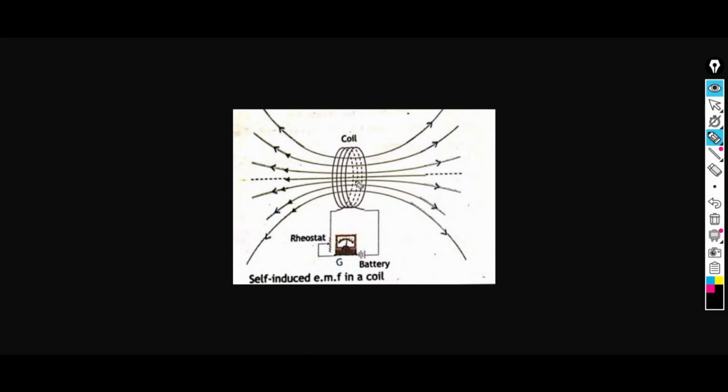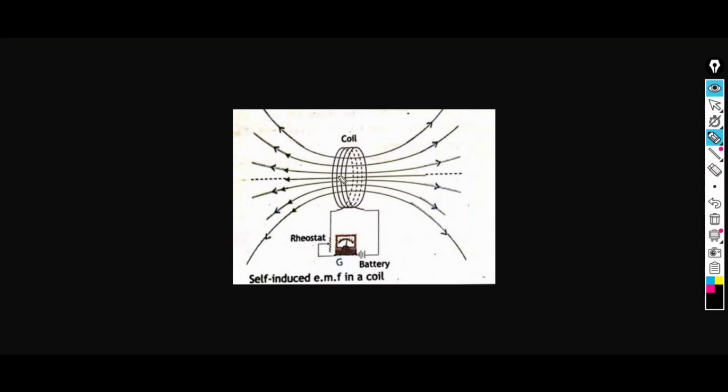And here in the coil, we have that same current carrying conductor, and we arrange that in a specific circular form. Okay, so this conductor, which forms one turn of the coil, will have some magnetic field, and similarly the other turn of the coil will have some magnetic field, and similarly all turns of the coil will have magnetic field.